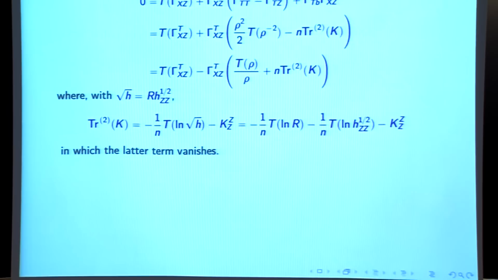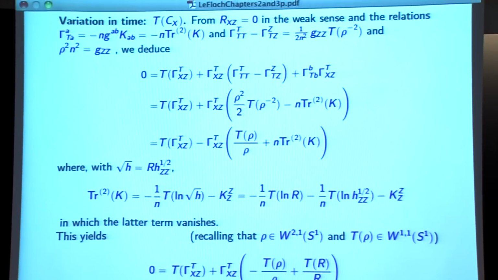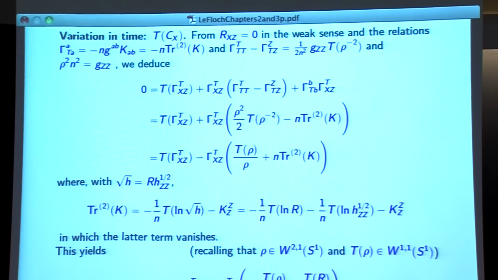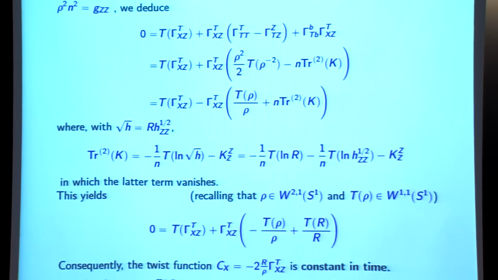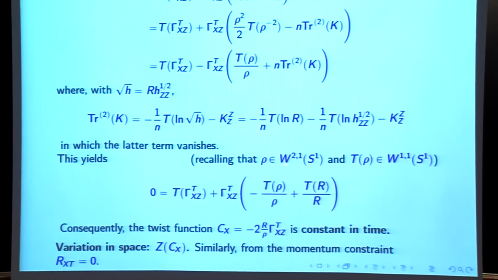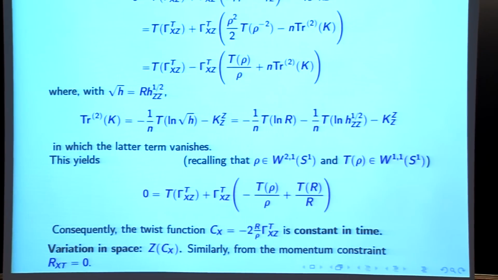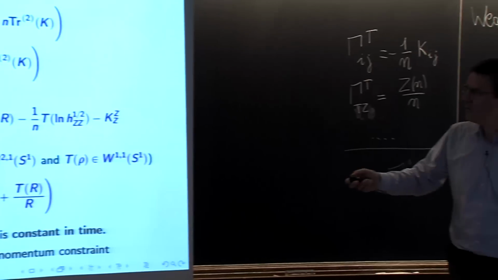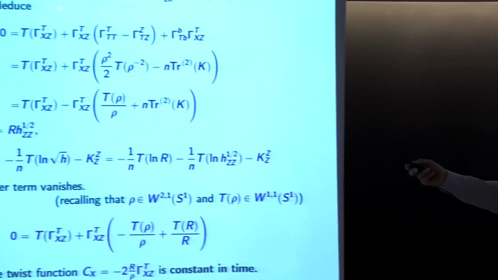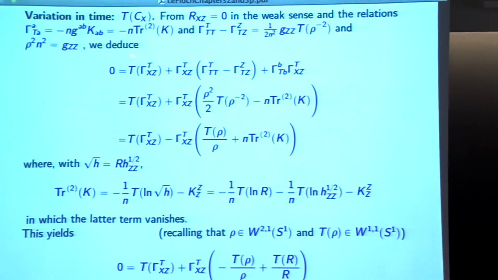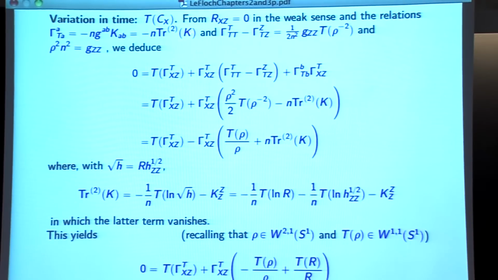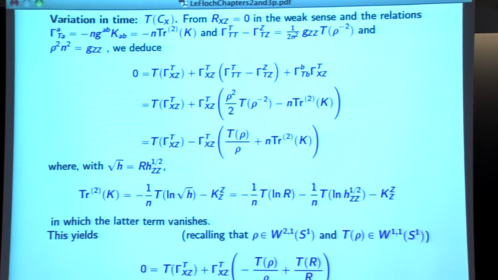Okay, so if I skip that, it's probably biased. But the interesting part in this calculation is the regularity. So of course you have to be careful about using arguments that are only using the regularities that you assume, right? And that's indeed the case. So when I do this calculation and I want to compute T of Cx, I start with one of the Einstein equations.